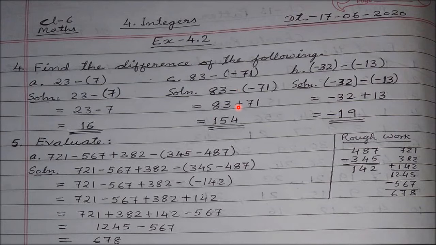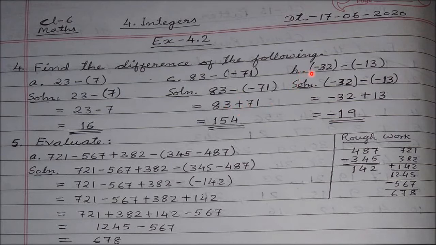Now 83 plus 71 is 154. So remember that when one minus sign is outside the bracket and the other minus sign inside the bracket, then minus into minus, the result is plus. The sign changes and we write plus, and then we will add them.